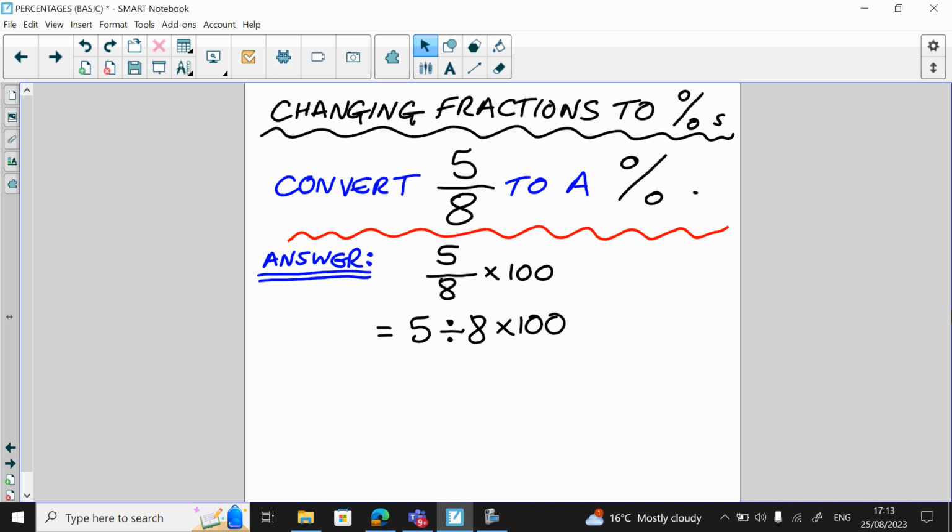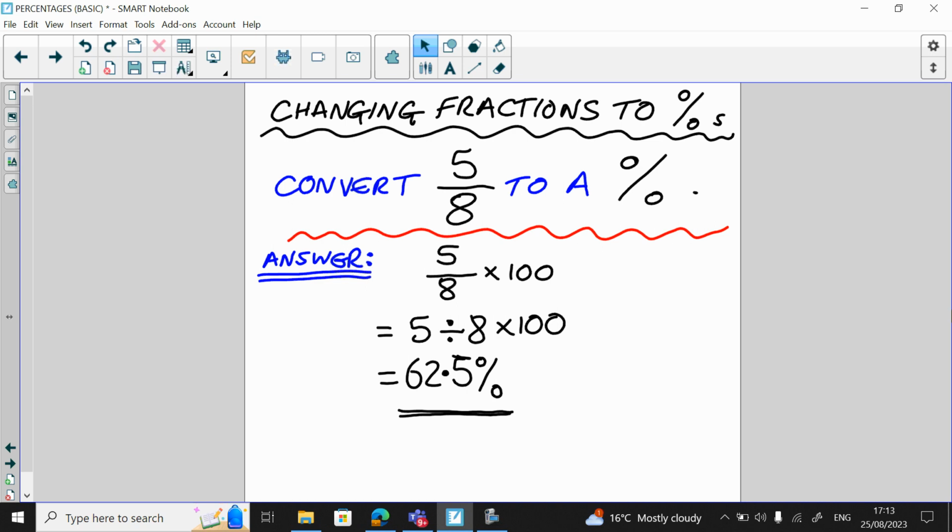Or if you're getting fractional values in your calculators, speak to your lecturer in the class and they might be able to help you with your calculator. Okay, so what are you getting? 5 divided by 8, 50 plus 12.5. And he's getting 62.5%. Yep, that's what I'm getting.